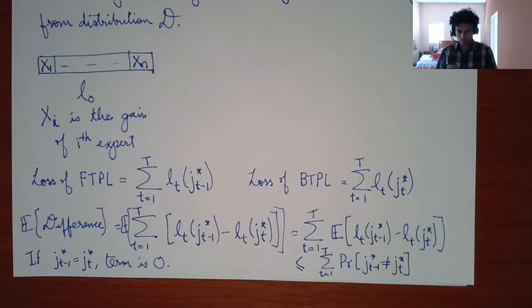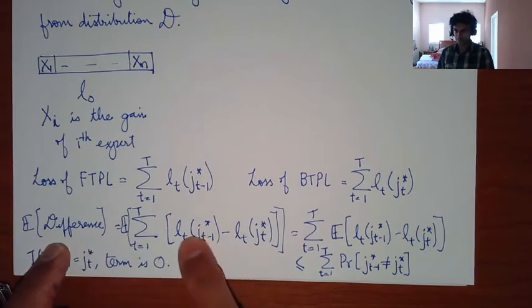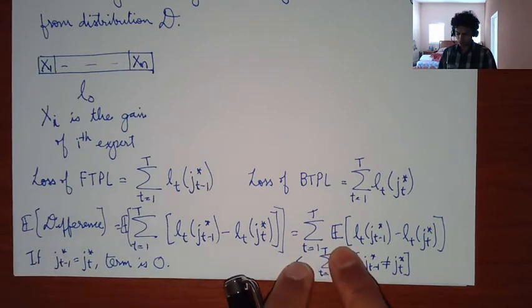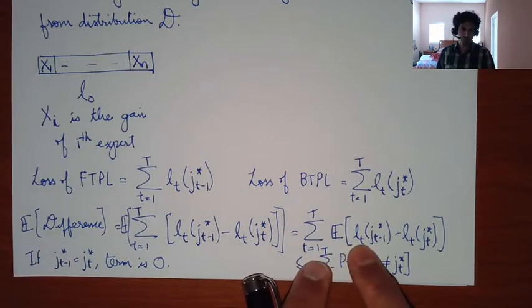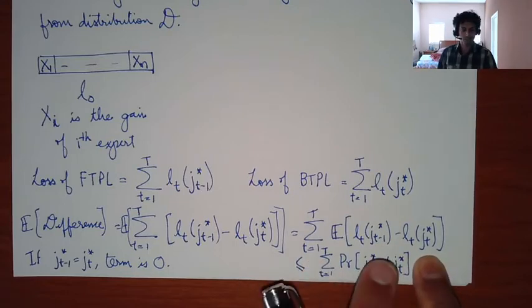Could you repeat how you get the intuition about switching from this? So, what is the expected difference? It's just this quantity here, right? So I just do linearity of expectation. This is just the expected difference between L_t of J_{t-1}^* minus L_t of J_t^*. Now look at this quantity.